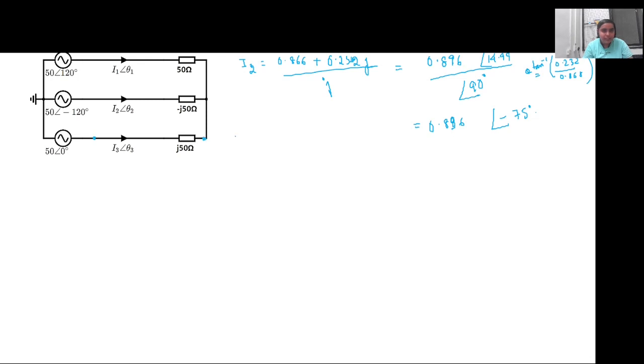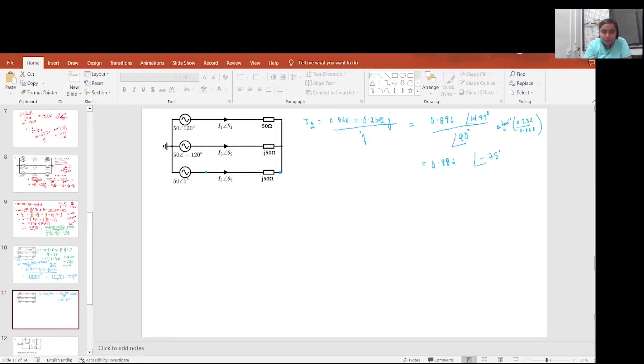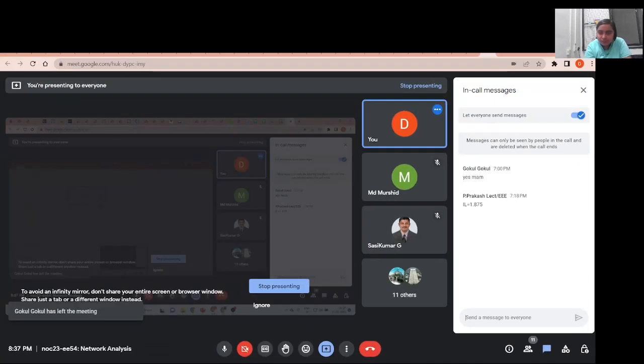Now for the last one, I3, can you calculate? 0.89 angle of minus 45.74. Yes, it's correct. So has everyone else calculated? So you guys are doing it, right?